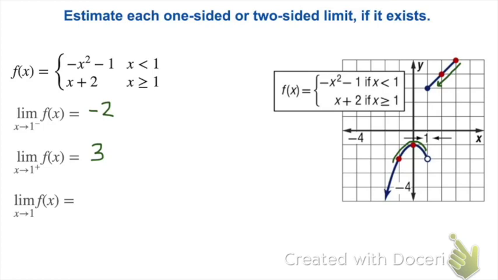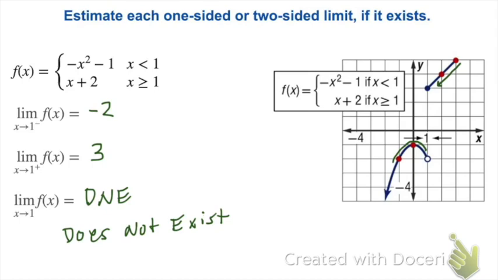So that means there is no limit, and we have a DNE. That's what DNE stands for, does not exist. There is no limit as x approaches 1 because the graph goes to two different y values at 1. So this one does not exist, and that's what you write. DNE works, or you could say does not exist.